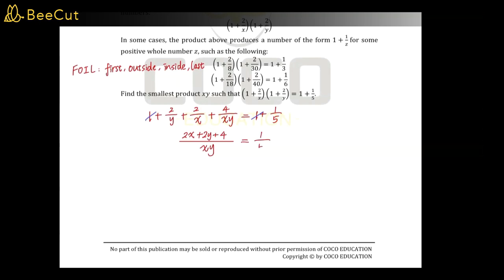Equals 1 over 5. So again, do the cross multiplication. We get xy times 1 equals 5 times 2x plus 2y plus 4. So xy equals 10x plus 10y plus 20.